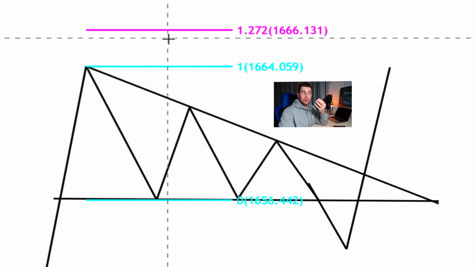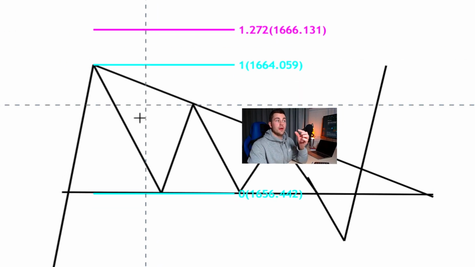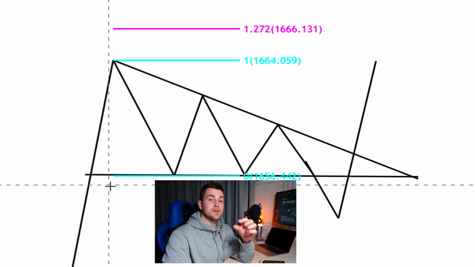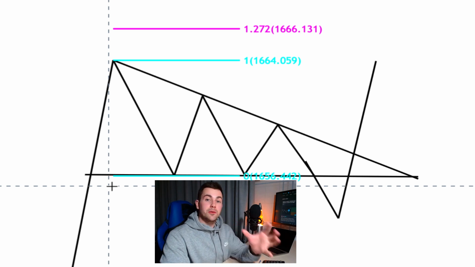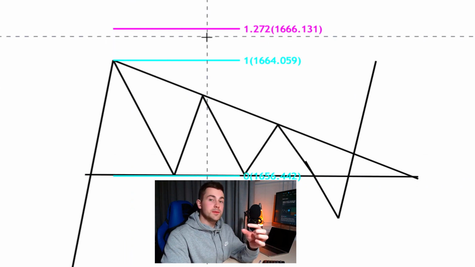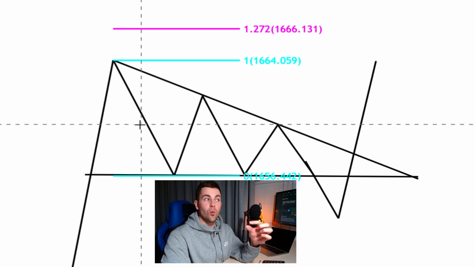So our stop here will be based again on the 1.272 extension. What is good about the 1.272 extension is that it gives us a scalable stop. No matter how big or small your pattern is, the 1.272 extension adjusts your stop to the length of the leg.